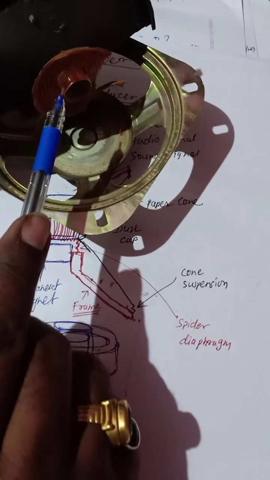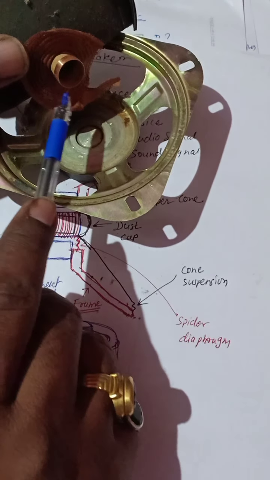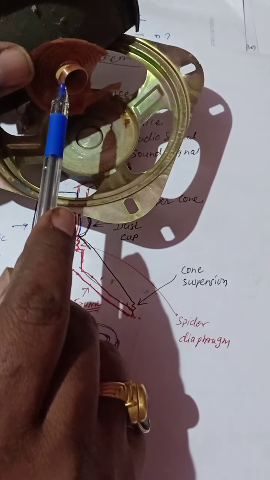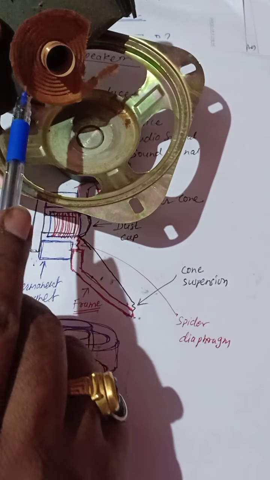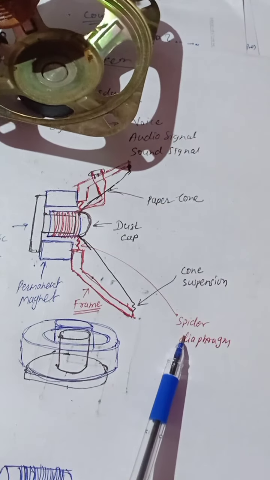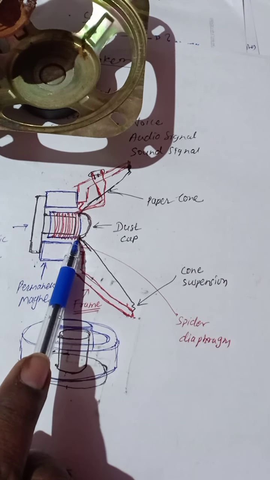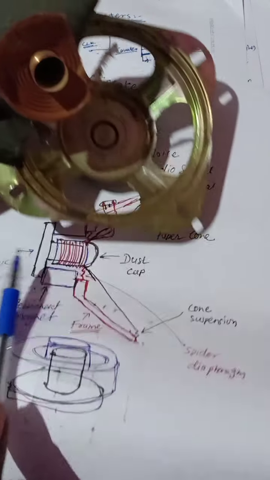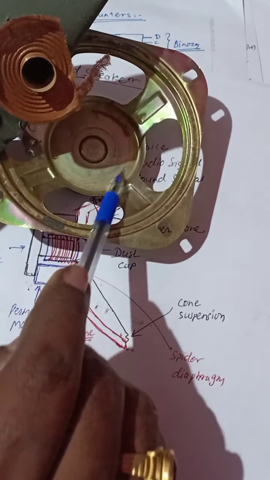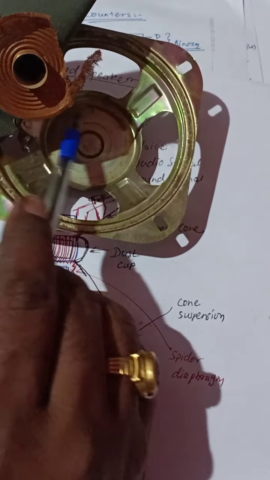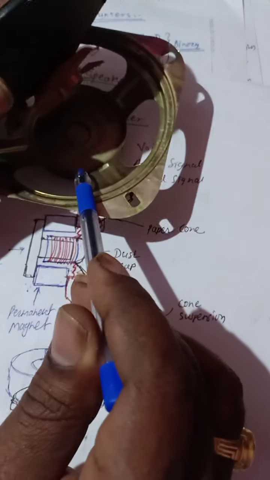As I explained, this is a paper pipe, and the coil is wound over the pipe. This is the spider diaphragm, which is connected to the pipe and fixed at the frame.